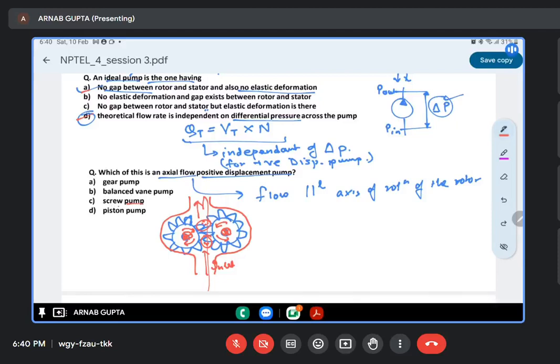In case of a screw pump, that is not the case. In case of a screw pump, you have a screw like this, which is rotating.